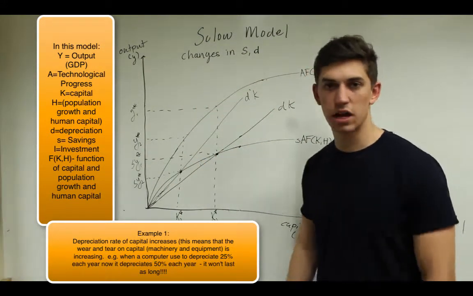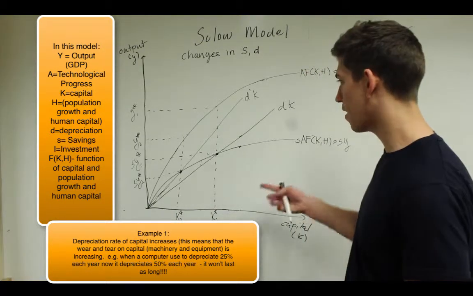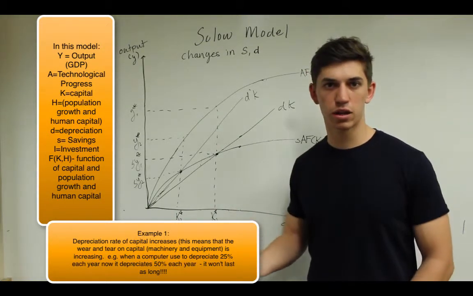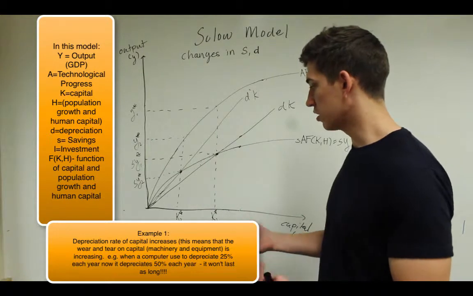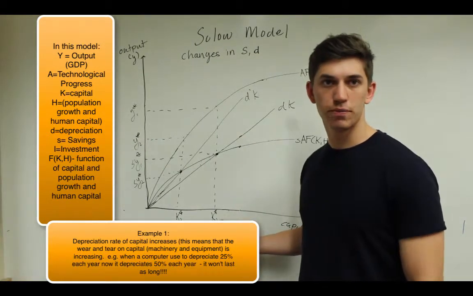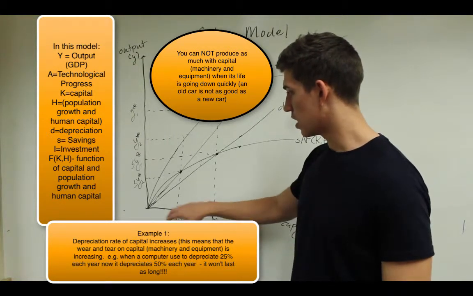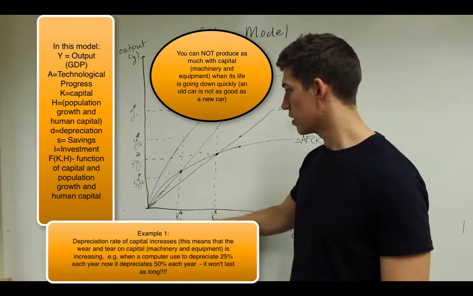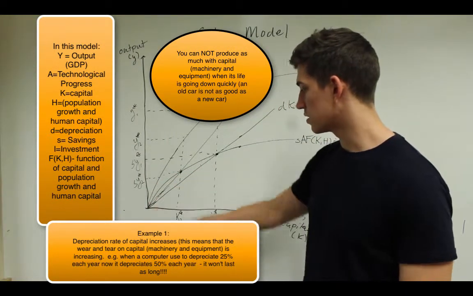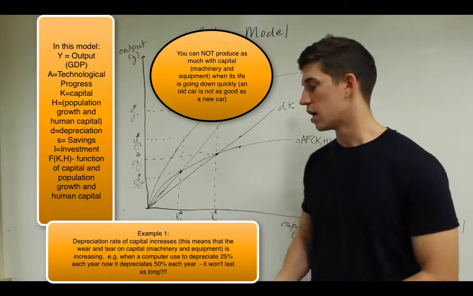And the intuition behind that is that if we're losing more capital every period, then we're not going to be able to maintain as high of a level. Because we're losing something, so obviously we're going to have less output and less savings and less capital as before.